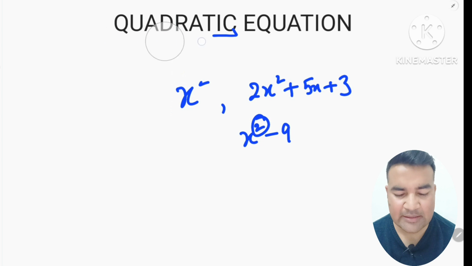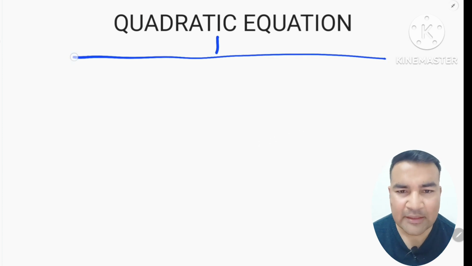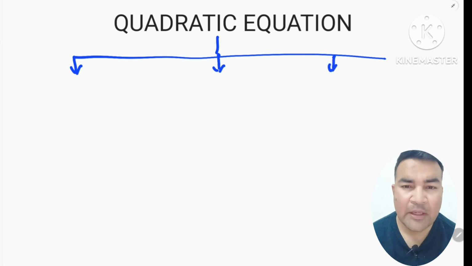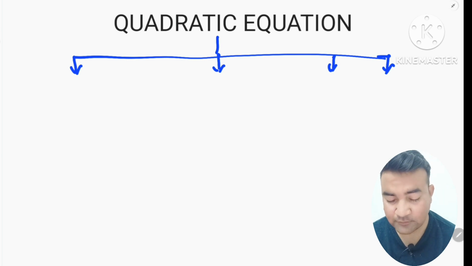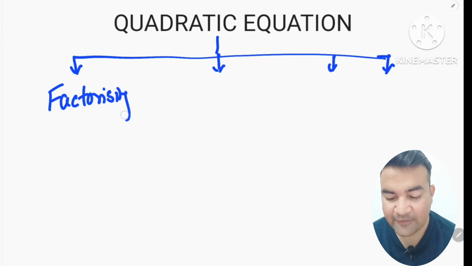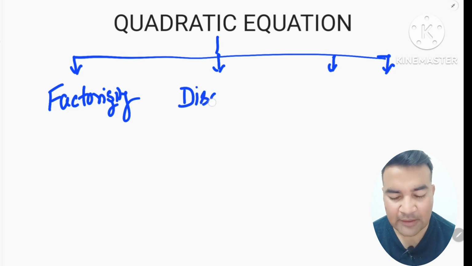Okay, so let me draw a flow chart of what are the things we are going to cover. In the quadratic equation, we basically have four types of questions. Firstly, the very first type of question is factorizing the quadratic equation. After factorizing, we have a derived formula, that is called the discriminant method.